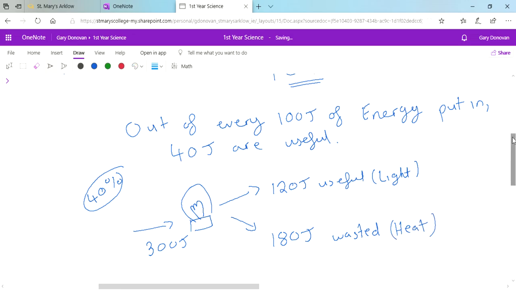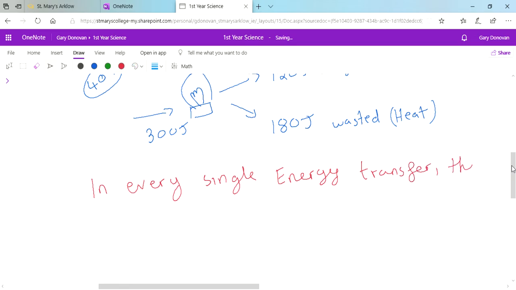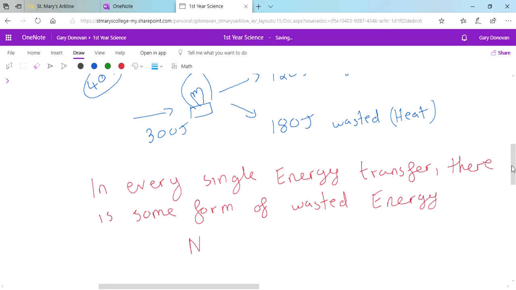The last point I want to say just before I finish the video is that in every single energy transfer, there is some form of wasted energy. What that basically means is that nothing is 100% efficient.